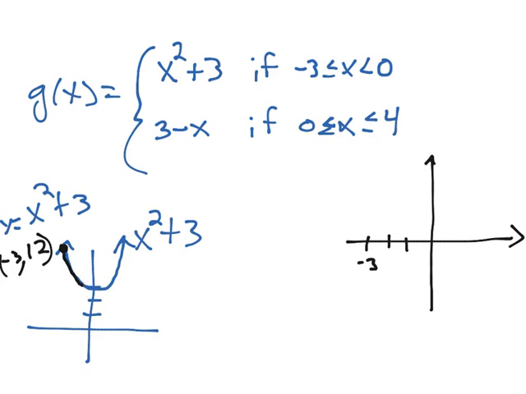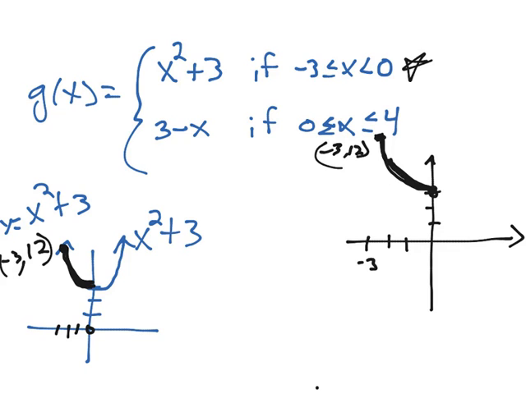And I'm just going to use the piece from right here, from x equals negative 3 to x equals 0. So it's going to have a circle there and come over here to negative 3, 12. So we have this finite little arc. So that represents this first piece.